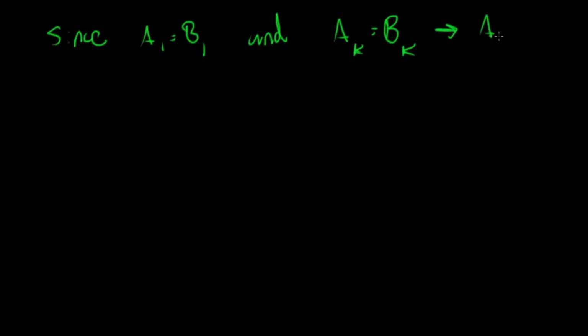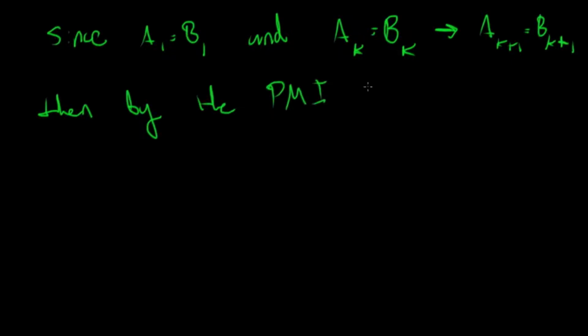All right, since a sub 1 is equal to b sub 1 and a sub k equals b sub k implies a sub k plus 1 is equal to b sub k plus 1, then by the principle of mathematical induction, for all n, where n is an integer, a sub n is equal to b sub n.